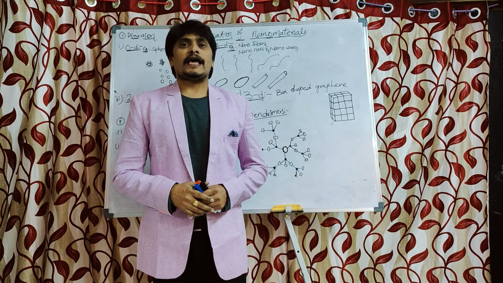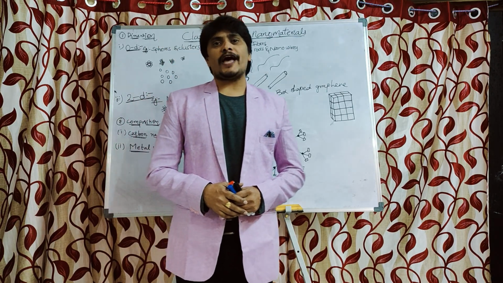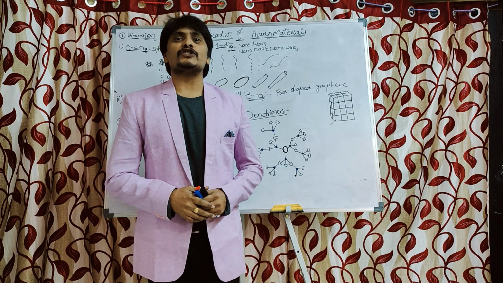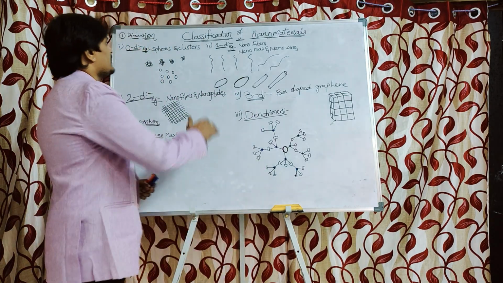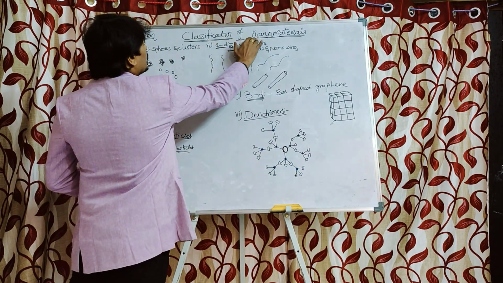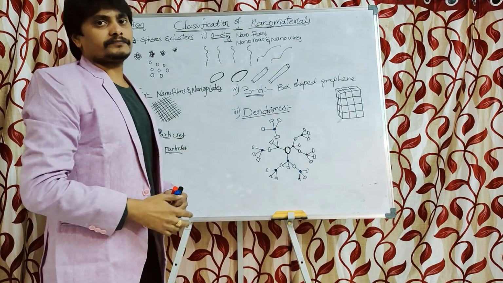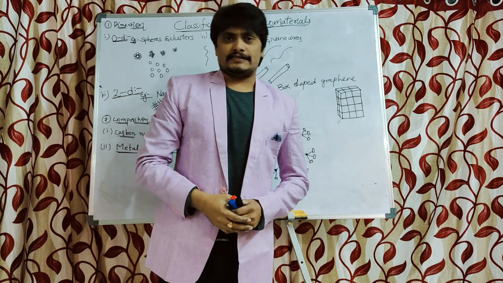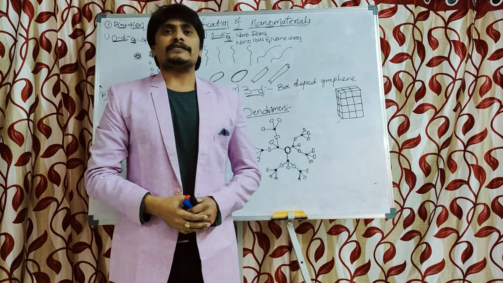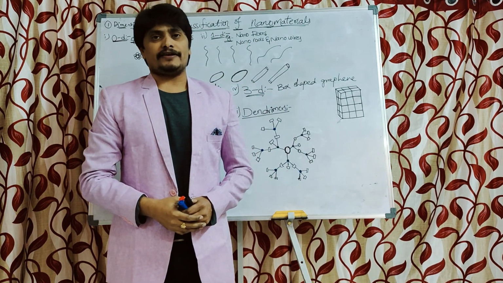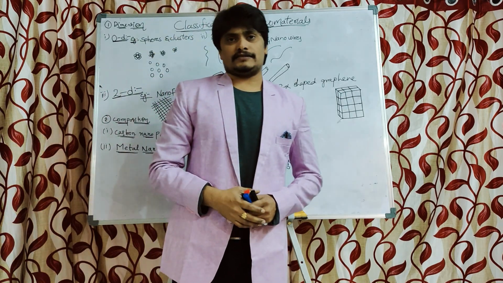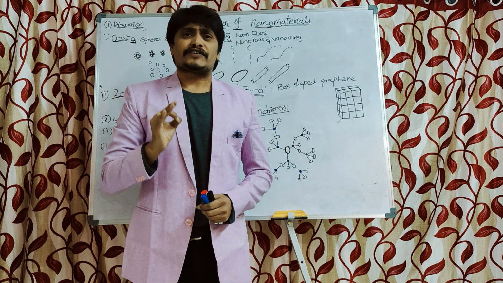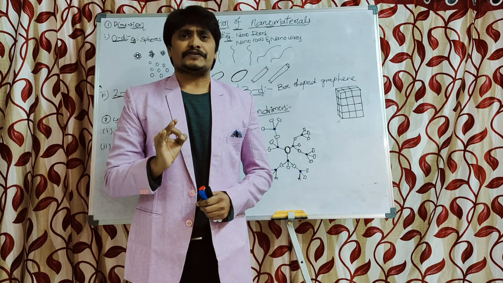Hi students, as a part of Nanomaterials, today I am going to discuss a very important topic: the classification of nanomaterials. Before I discuss how the nanomaterials have been classified, first and foremost we have to discuss the criteria which is the basis for the classification.